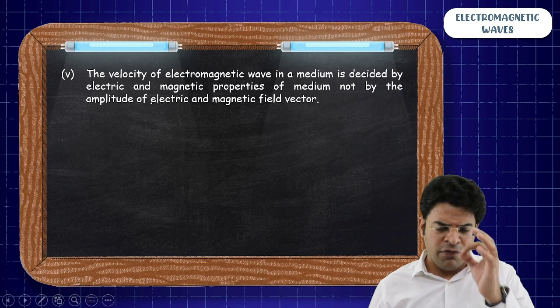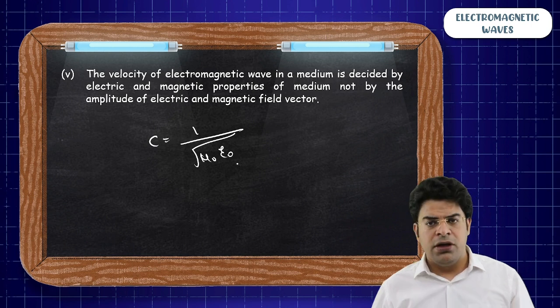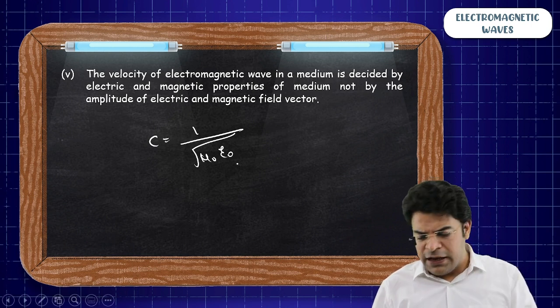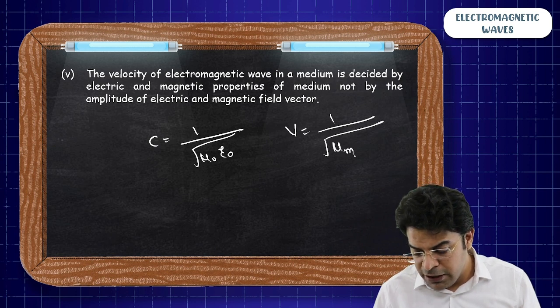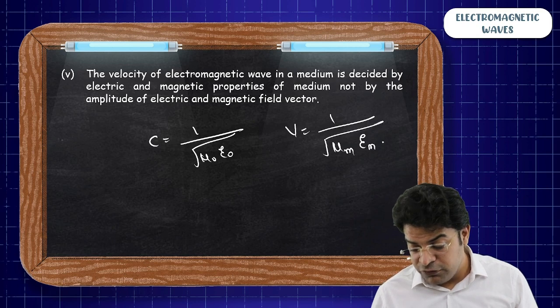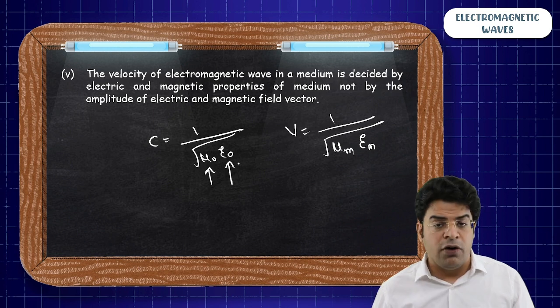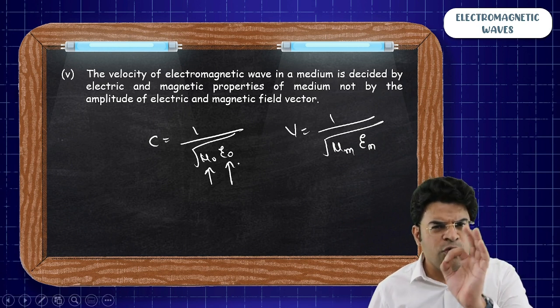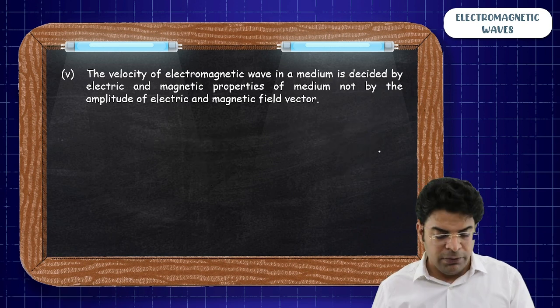Just like for vacuum, we say that the speed of light in vacuum is given by 1 by under root of mu naught epsilon naught. We say that the speed of light in a medium is given by 1 upon under root of permeability of the medium times permittivity of the medium, rather than permeability of free space and permittivity of free space. You just substitute for a medium the permeability of the medium and the permittivity of the medium.